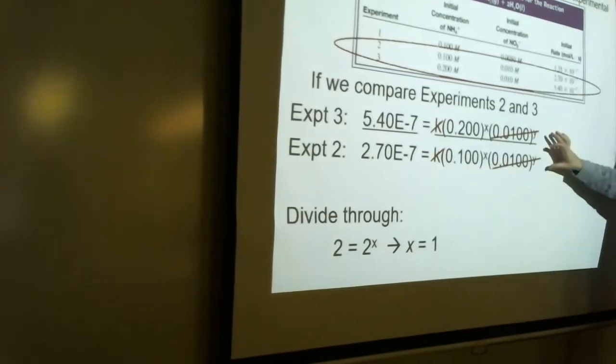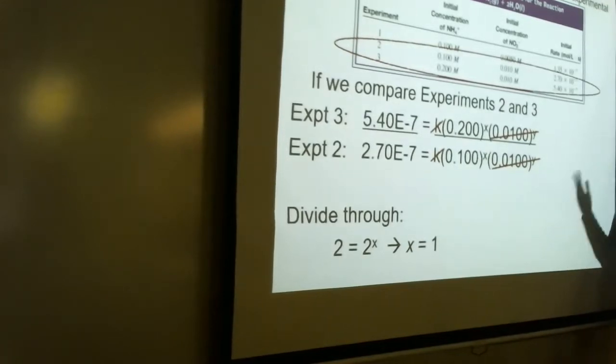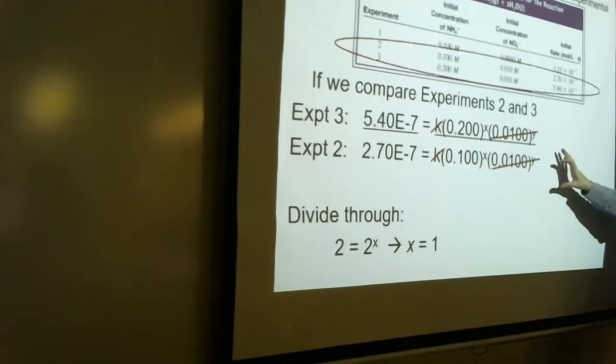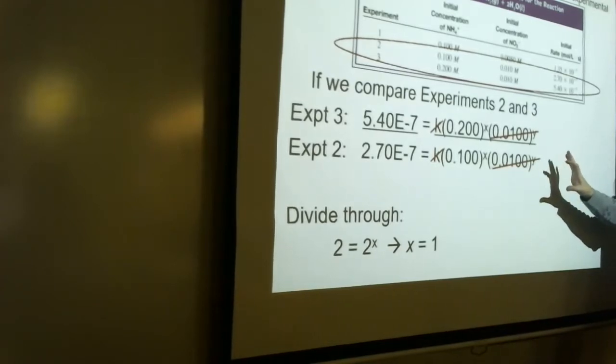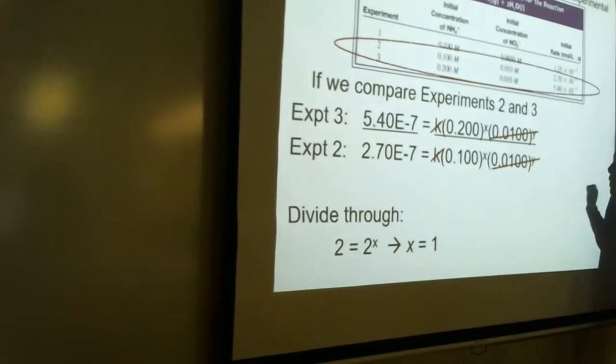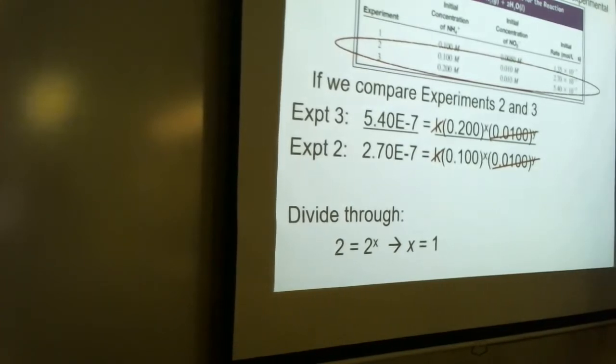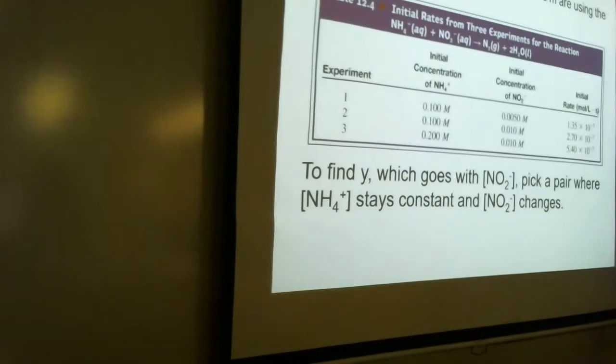Now, if you had done it as 2 over 3, it would have been 0.5 is equal to 0.5 to the x. It would have been the same thing. Okay? Does everyone see how we did this? Does this make sense? Yes? No? Maybe? What pair should we pick for figuring out NO2 minus? What pair should we pick to solve for y?